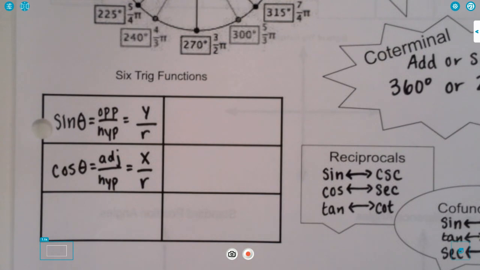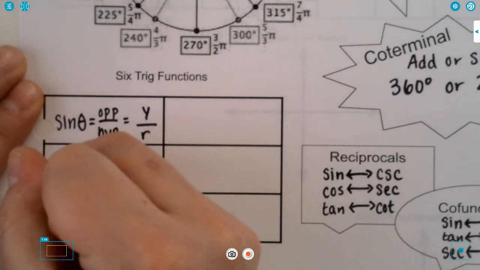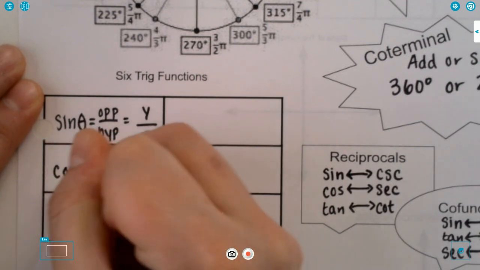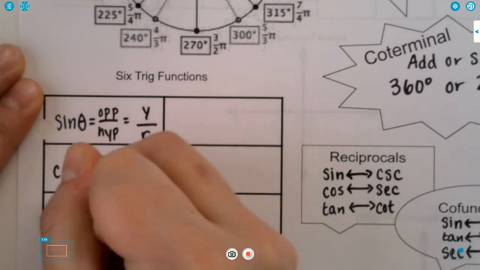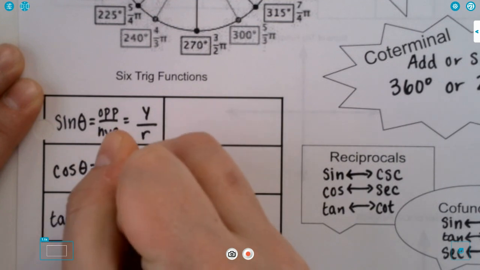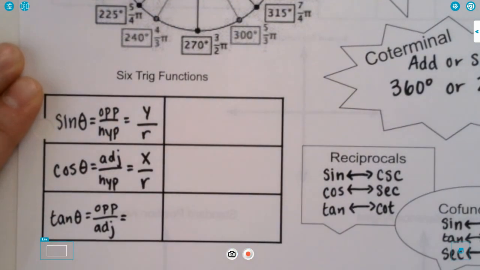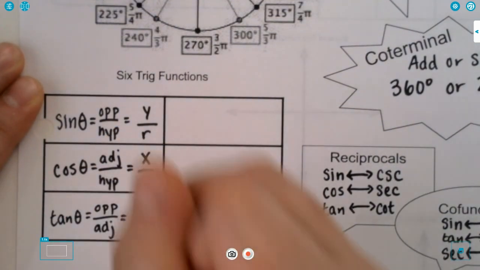And then tangent is OA, opposite over adjacent, which is y over x.